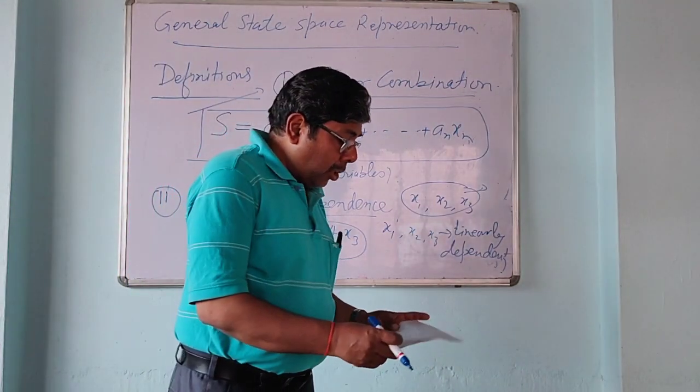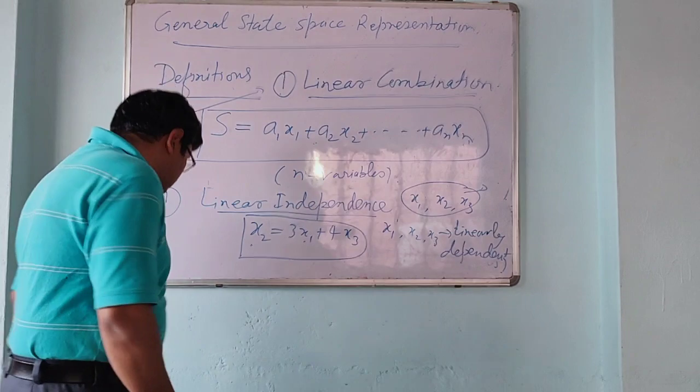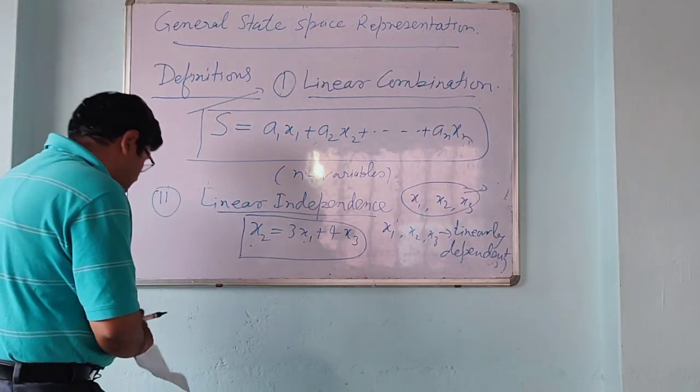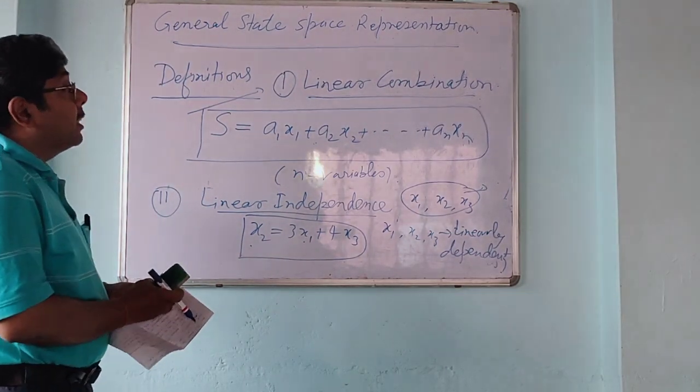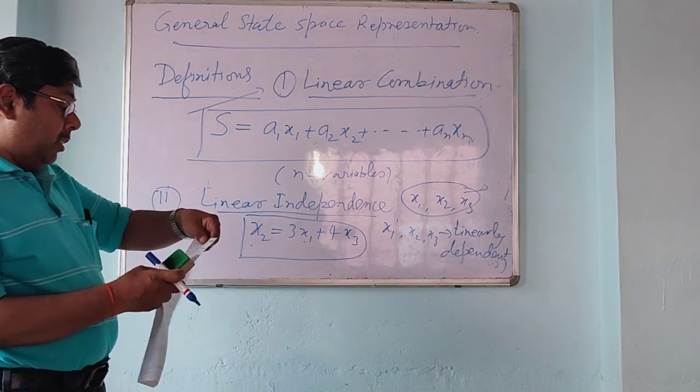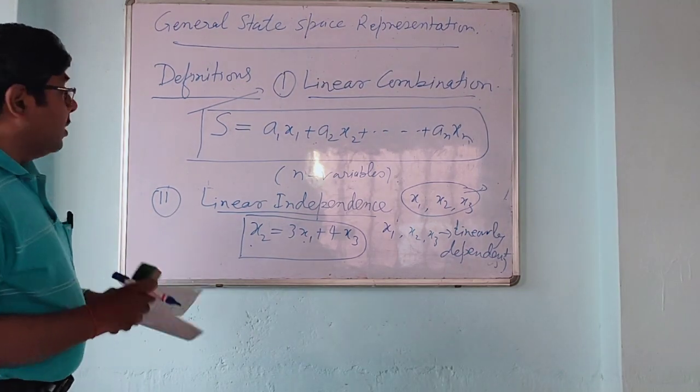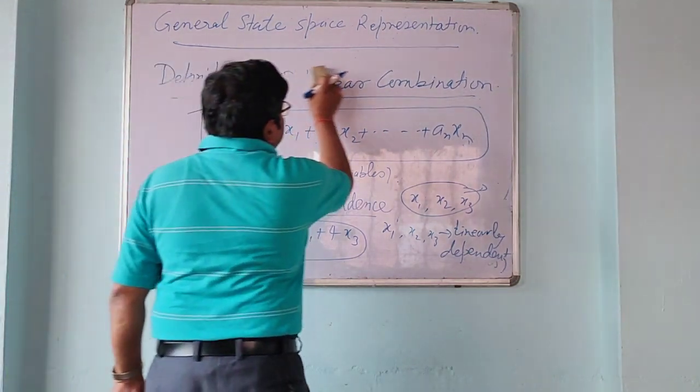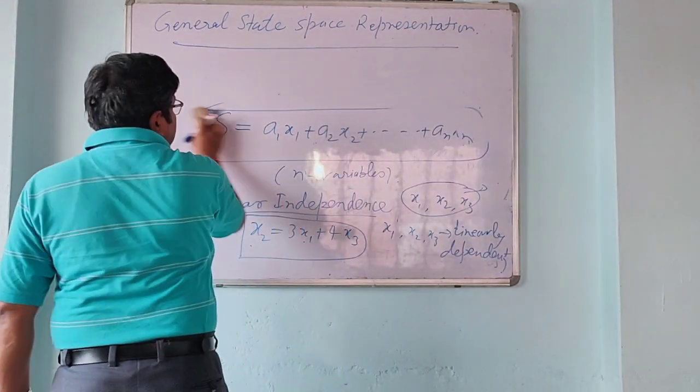So other definitions are also there. So you can note down. Few more definitions are there related to state space analysis. So next is the system variable. What is system variable?